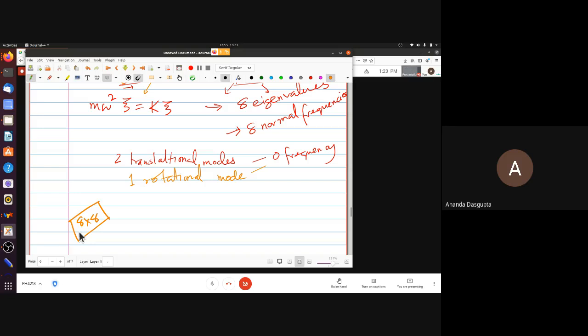Given the eigenvalues, finding the eigenvectors, or given the eigenvectors, finding the eigenvalues?